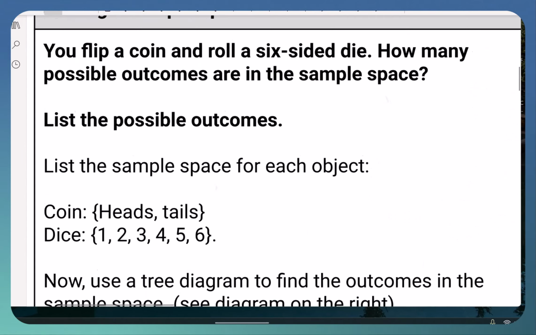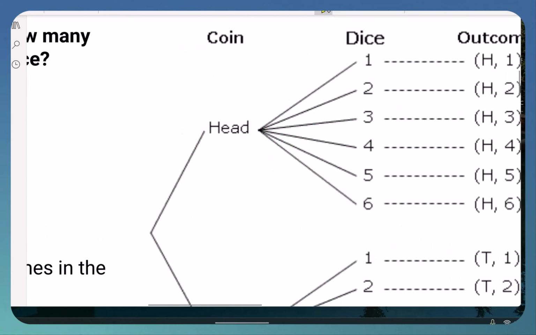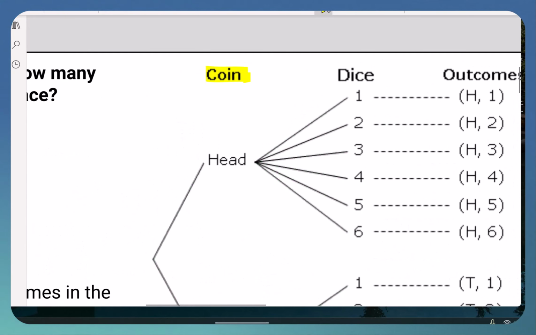So let's talk about the situation. So the situation is that you flip a coin and then you roll a 6-sided die. How many events is that? So event number 1, you flip a coin. So we're going to go over here and we're going to highlight that. And we're going to label that event 1.